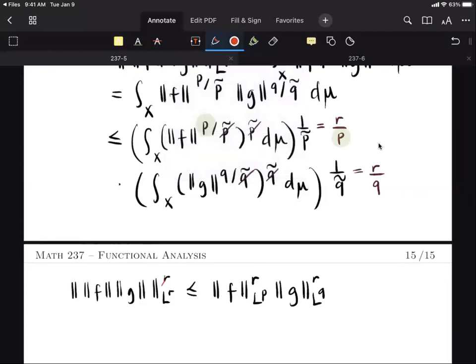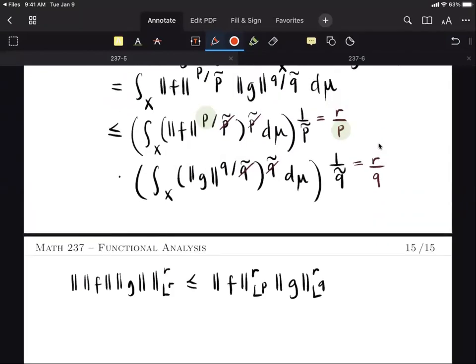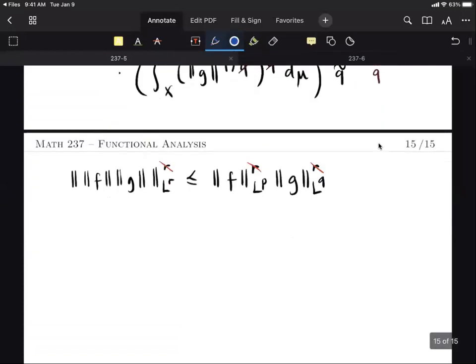And you can now cancel this r, and you get the Holder inequality. So let's cancel this r, and that's it. This is the end of proof for Holder's inequality.